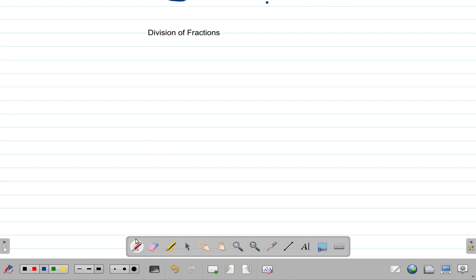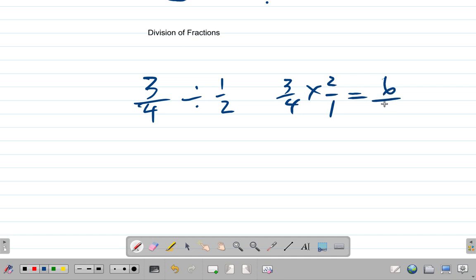But suppose you say now 3/4 divided by a half. What does that mean? You probably know the method where you say 3/4 multiplied by 2 over 1. And that gives you 3 times 2 is 6 over 4 times 1 is 4, 6 over 4, same as 3 over 2. You see that? 3/4 divided by a half.